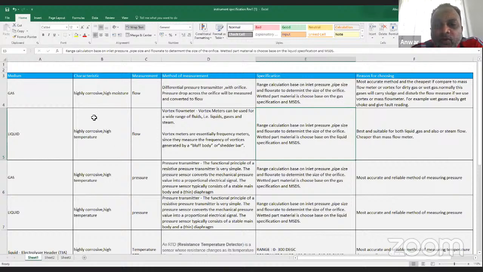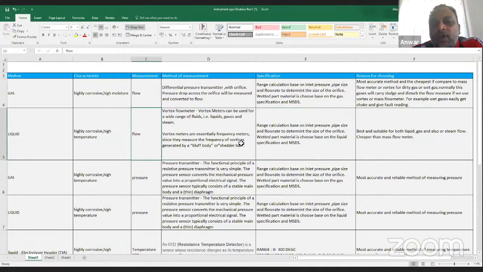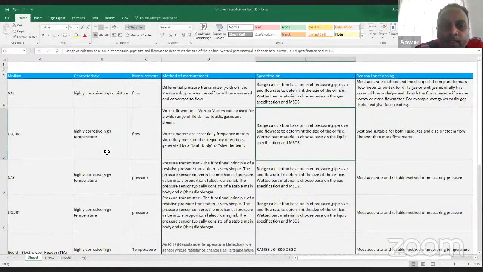Yeah. So you need to convert other parameters like pressure, like temperature, and also some other design parameters to get the flow. I think that you have learned those in your studies at this moment. Okay.